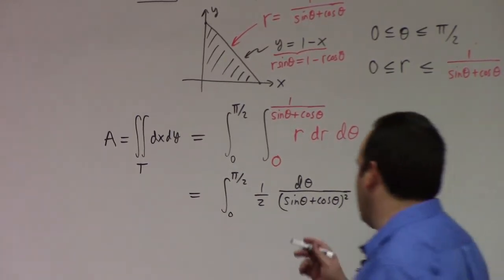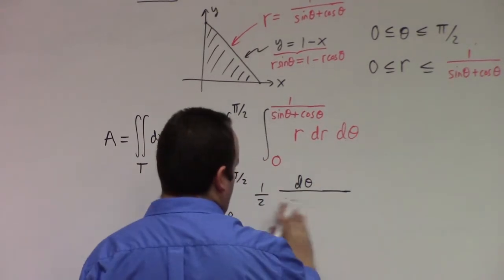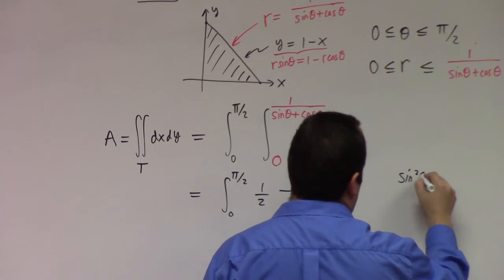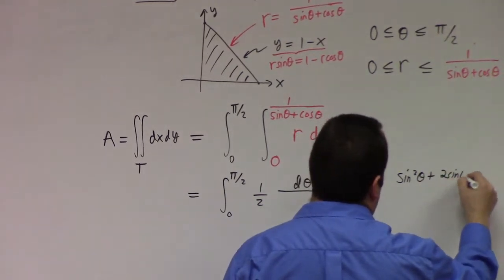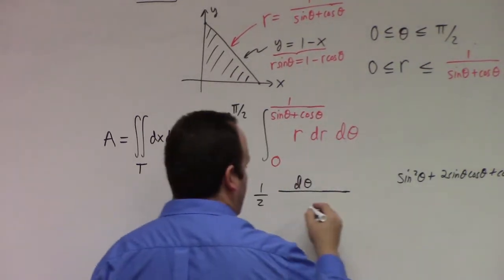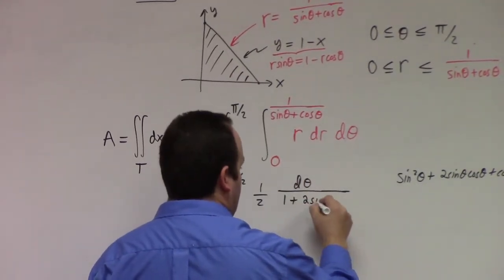Maybe you're thinking we could square that out? So sine squared theta plus 2 sine theta cosine theta plus cosine squared theta is what we would have had in the denominator, which is 1 plus 2 sine theta cosine theta.